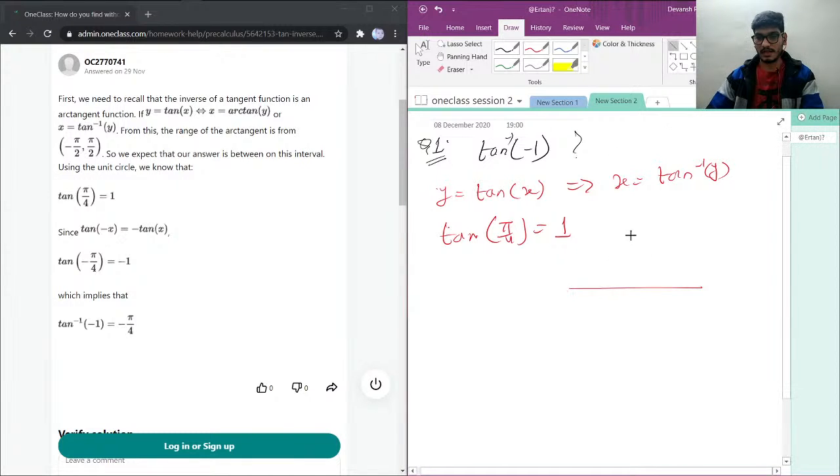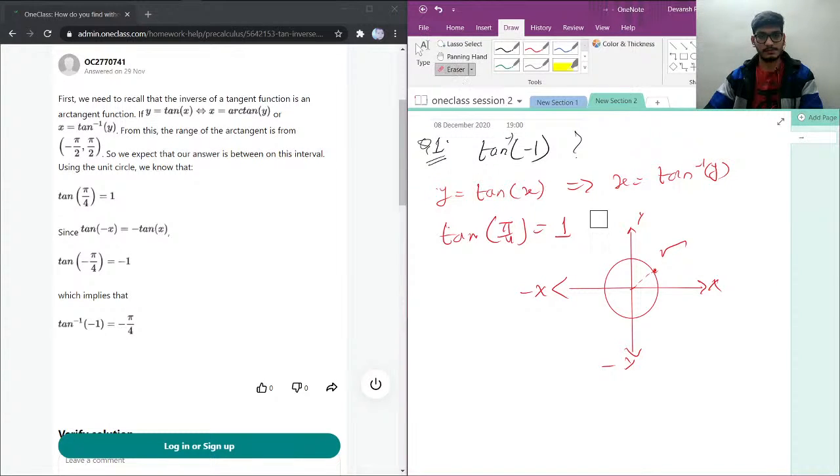Suppose we have a unit circle. I'll draw a unit circle here, with x, negative y, negative x. At this point on the unit circle we have the coordinates 1 over root 2, comma 1 over root 2, and this is positive pi by 4.